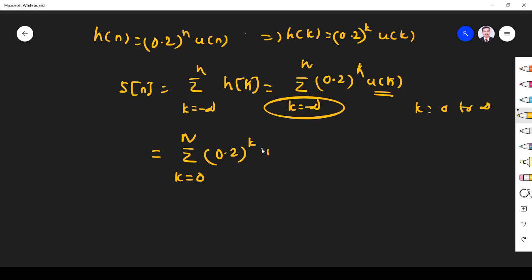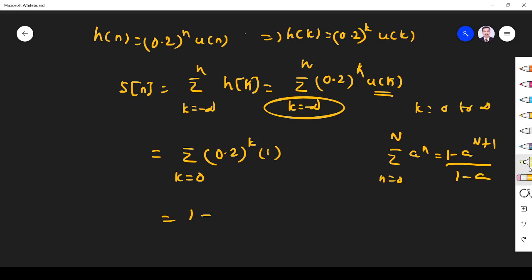So we know the formula: summation for n from 0 to N of a power n is 1 minus a power N plus 1, divided by 1 minus a. Similarly here, a is 0.2, and instead of n we have k, and instead of capital N we have small n.